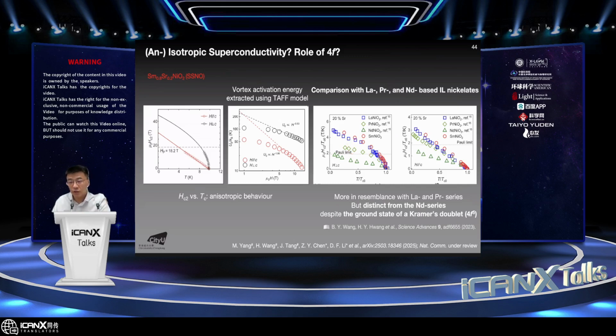And in terms of their temperature dependence, you can see that the samarium nickelate seems to follow more the lanthanum nickelate. So this poses an interesting question about the dimensionality and whether the system is isotropic or anisotropic. It also poses an interesting question, as I just mentioned: why, in terms of the ground state, should the samarium system be more like neodymium, but it behaves more like the other two systems.